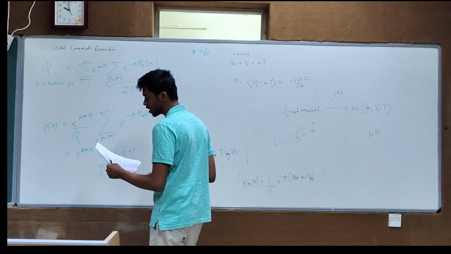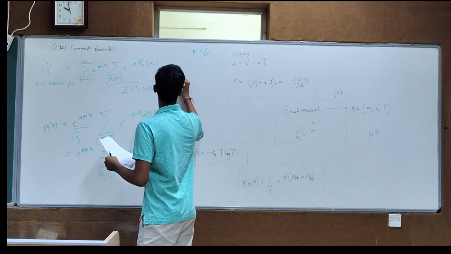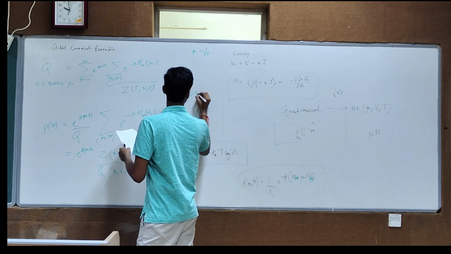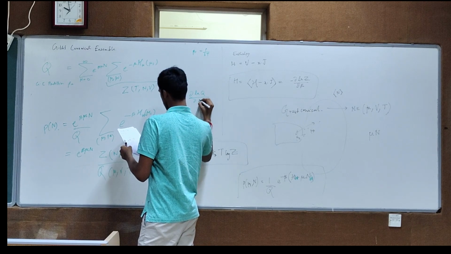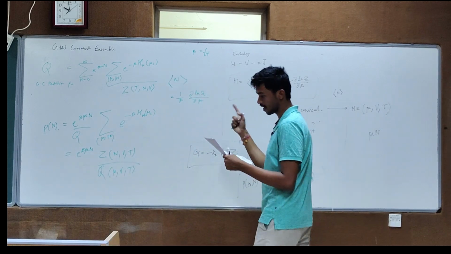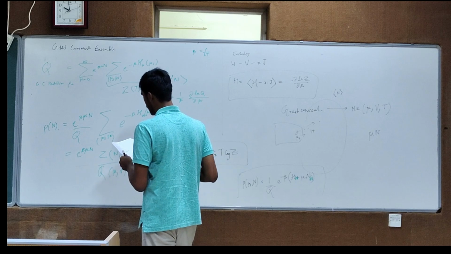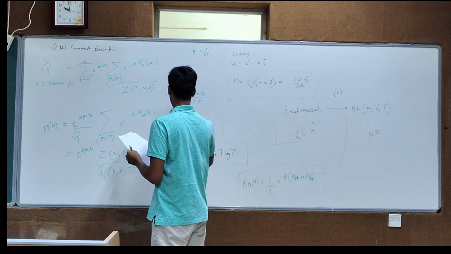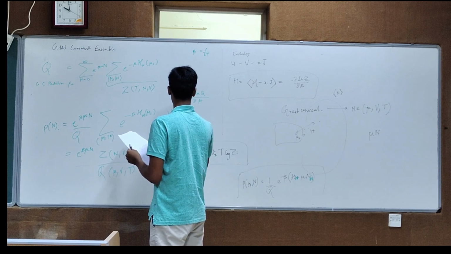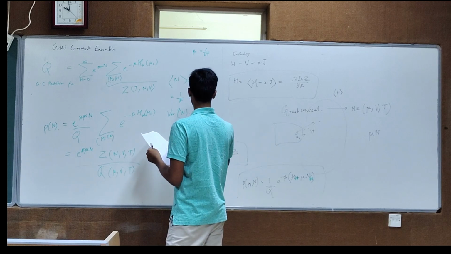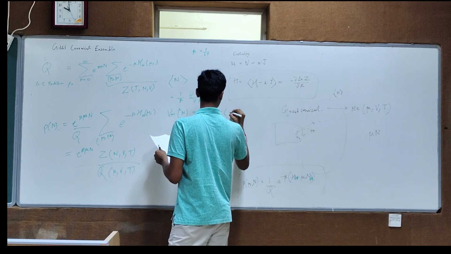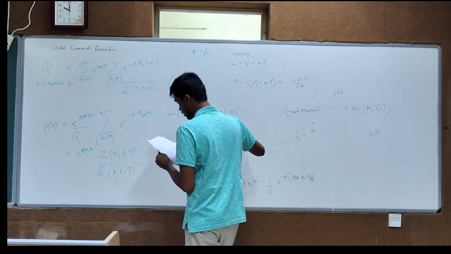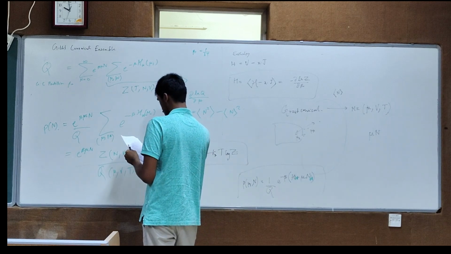So if you calculate the value of the average of n, that is basically 1 by beta times, just like I had done for the previous one. And if you calculate the variance of this, this would be basically average of n squared minus average of n, squared.